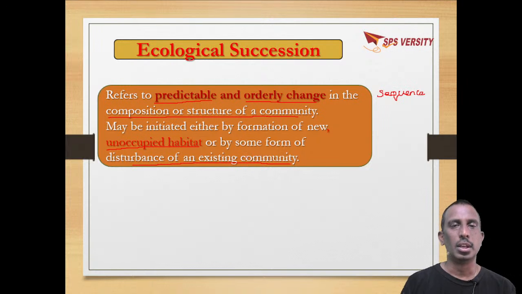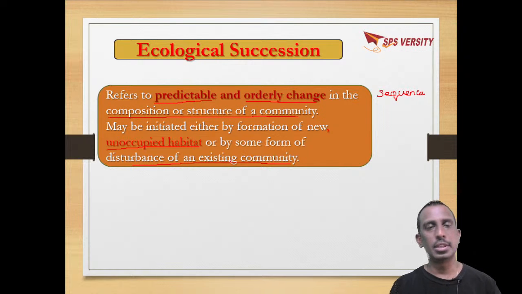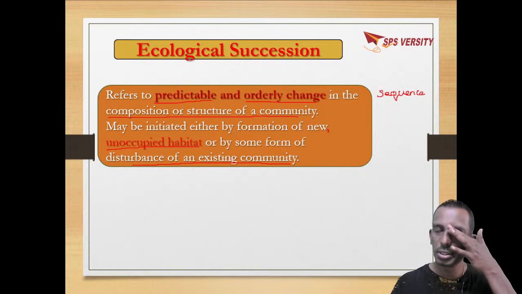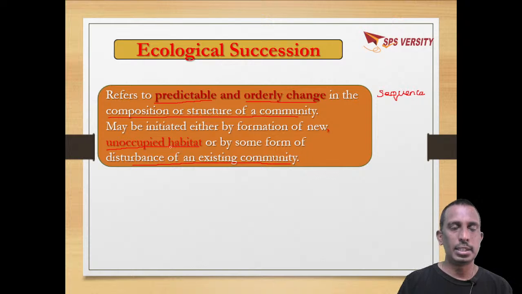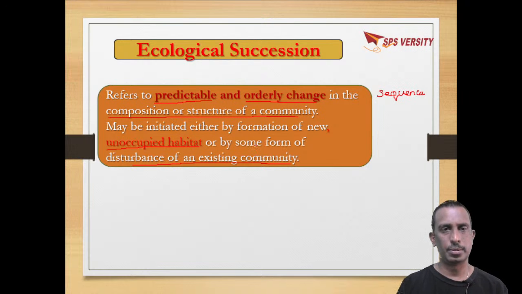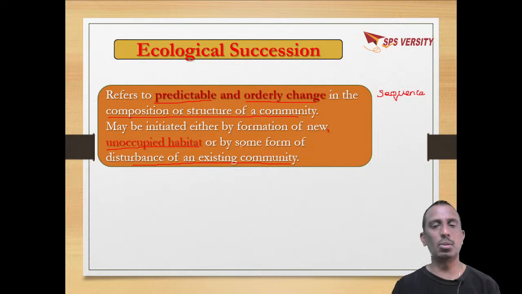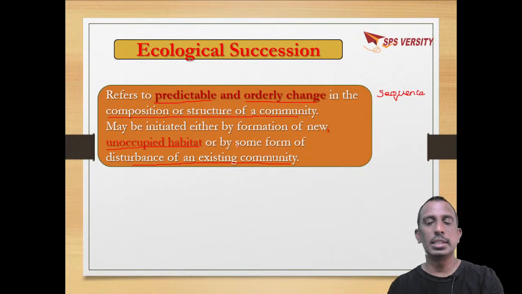Okay. So in ecological succession, there is a change in the structure and composition of the community, and it may start from a new unoccupied habitat or due to some form of disturbance. So this is called ecological succession.